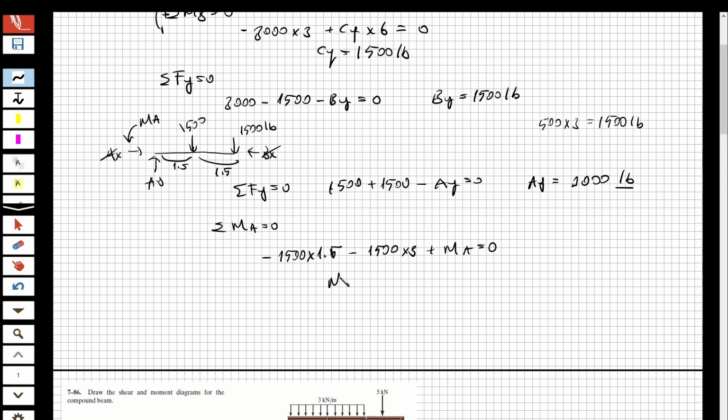From here, I'm going to obtain the moment at A is equal to 6,750 pound feet. Okay, pound feet.